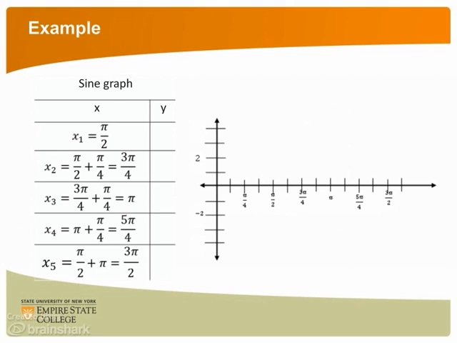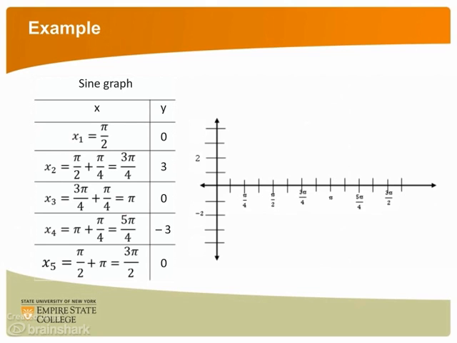Now that we have all the x values, let's find the corresponding y values. We are graphing a sine function. This means the y values for x sub 1, x sub 3, and x sub 5 are all 0. The y value for x sub 2 is 3, because that is the value of a from the function.